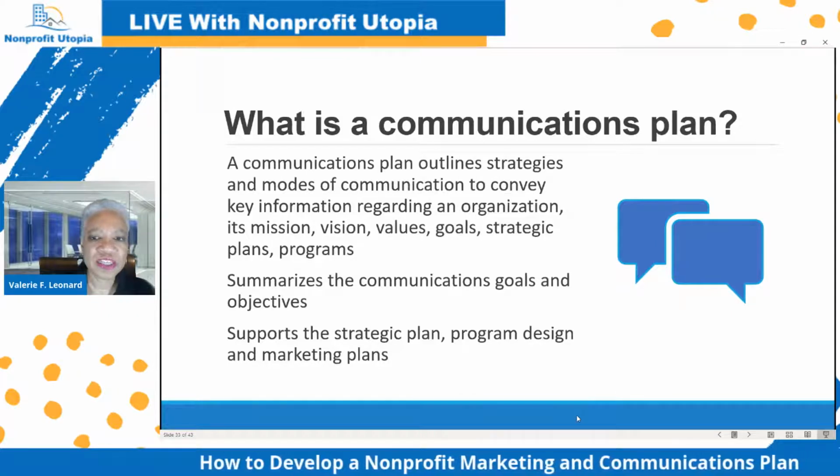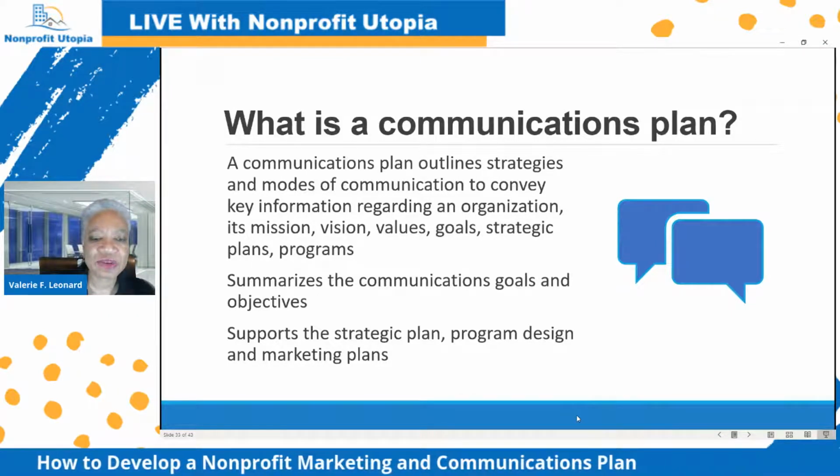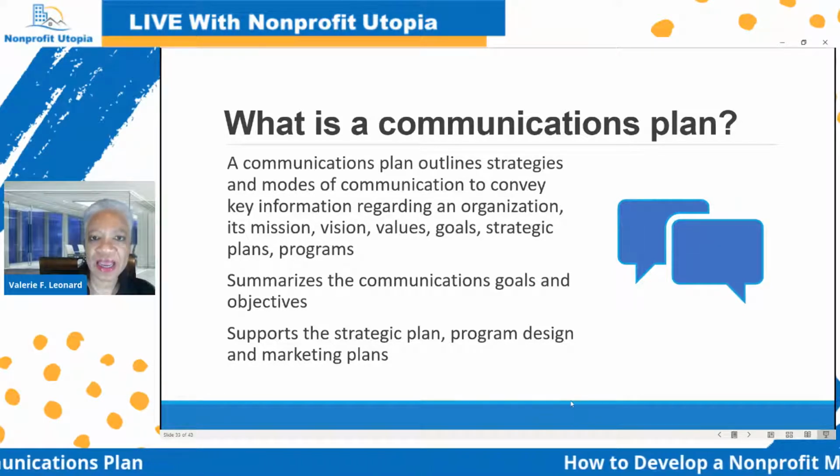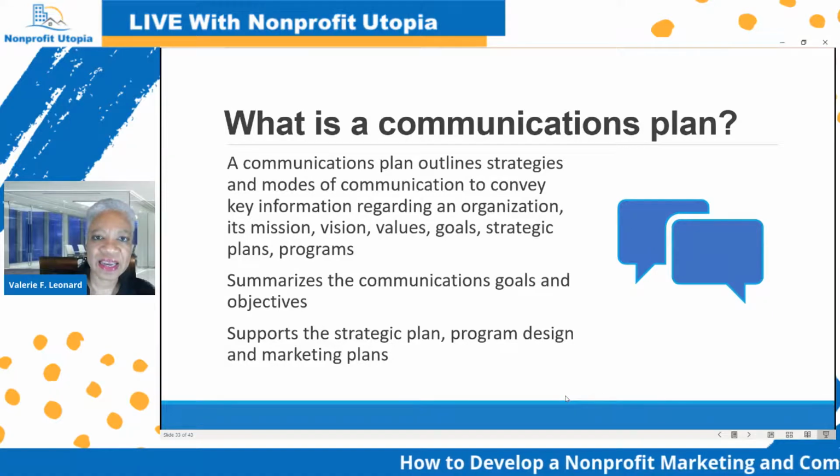So your communications plan summarizes the communication goals and objectives, and it supports the strategic plan, the program design, and your marketing plans and your fundraising.